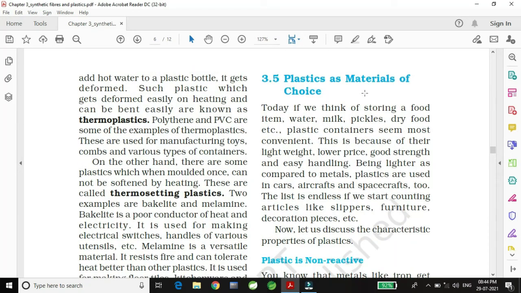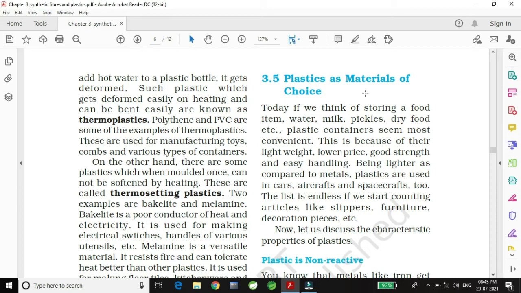Plastic as a material of choice. Mostly we choose things which are less costly and more durable, and that is plastic. Today, for storing food items, water, milk, pickles, dry fruits, etc., plastic containers seem most convenient because of their light weight, low price, good strength and easy handling.